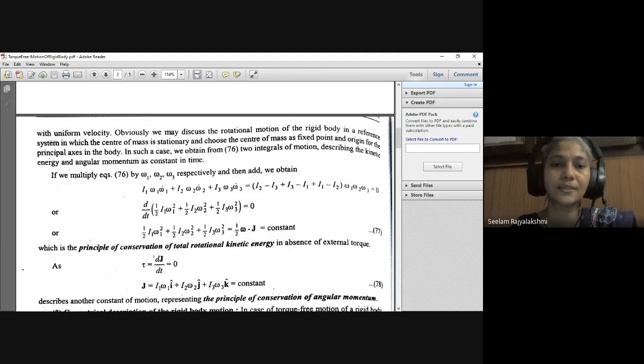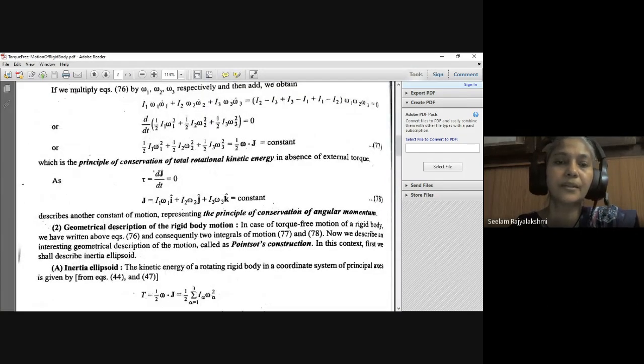So this equals 0, or half I1 omega 1 square plus half I2 omega 2 square plus half I3 omega 3 square can be written as half omega dot J. Why? Because I1 omega 1 is nothing but J1. So I omega is J, and again we have omega. So half omega dot J is a constant. This equation is nothing but the principle of conservation of total rotational kinetic energy in the absence of external torque.